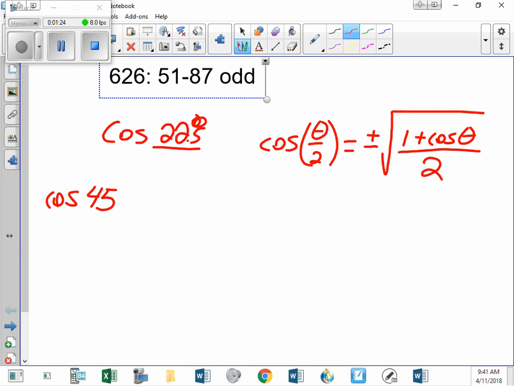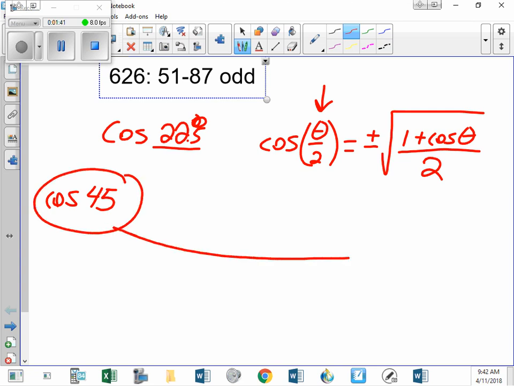So what this is saying is, if you want to find an angle that you don't have, but you know an angle that you can cut in half that is on the unit circle. So we're going to insert the cosine of 45 over here. And we need to know which quadrant we are in.